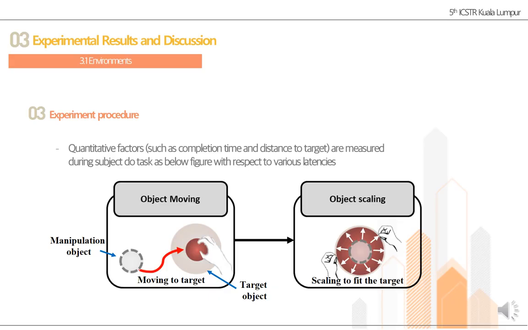The first step is the object moving step. In this step, the subject should move the manipulation object to the position of the target object. The second step is the object scaling step. In this step, the subject should scale the manipulation object to fit the scale of the target object.